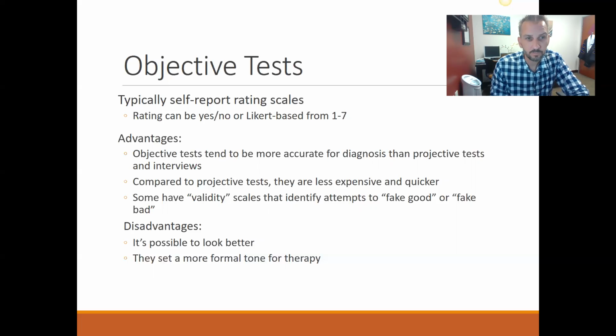So the disadvantages are, though, it's possible to look better. Oftentimes people can figure this out, and if it doesn't have a validity scale, you can make yourself look better. And I also find sometimes they set a formal tone for therapy.